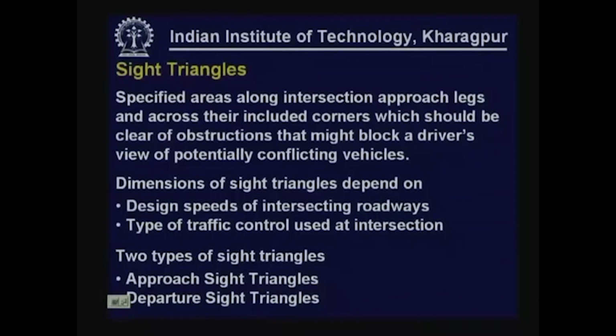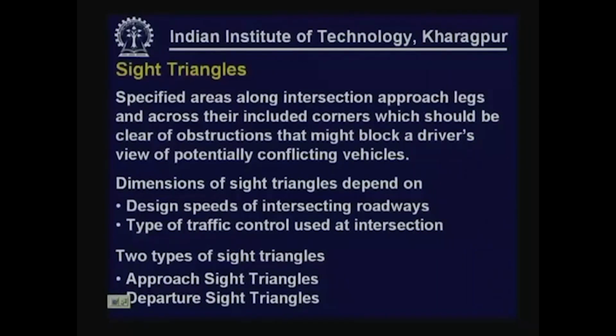Let us now try to understand the concept of sight triangle. Sight triangles are specified areas along intersection approach legs and across their included corners, which should be clear of obstructions that might block a driver's view of potentially conflicting vehicles.